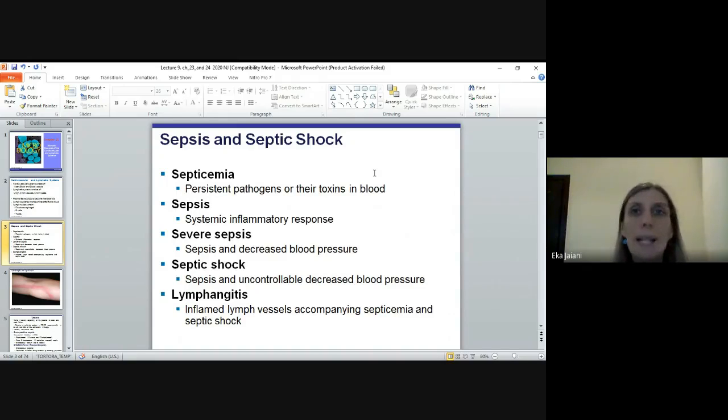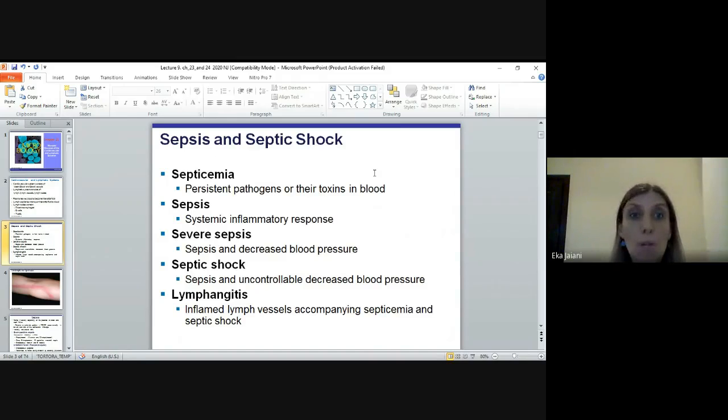Bacteria move to the blood and then can move to other tissues and organs, but they don't persist and don't multiply in the blood. We have also viremia, when a virus is in the blood and then reaches the target organ. Septicemia is when pathogens persist in the blood, may grow and multiply there, or their toxins, especially bacterial toxins.